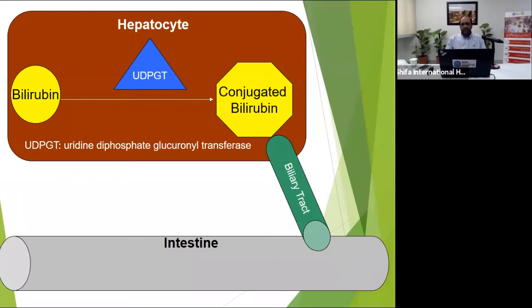Deficiency or complete absence of this enzyme is the reason for Crigler-Najjar syndrome, types 1 and 2. Again, abnormality of this enzyme is the reason for Gilbert disease, which we usually come across, a more benign form of hyperbilirubinemia. After conjugation, this process continues.